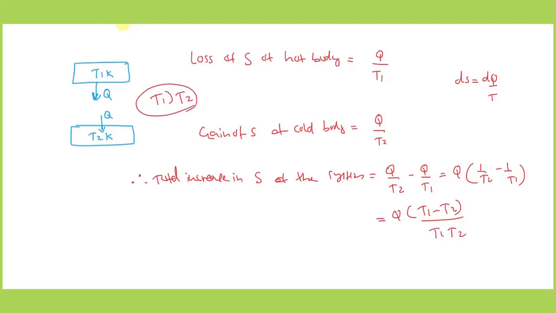That means this quantity is positive because T2 is less than T1. Thus entropy of the system increases in all irreversible processes. Since this quantity is positive, the total increase in entropy of the system is positive. So in all irreversible processes, entropy of the system increases.